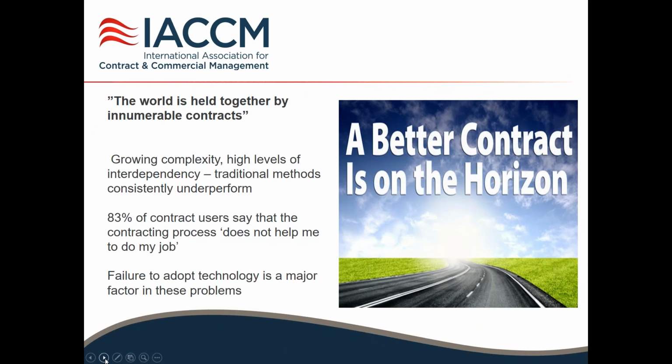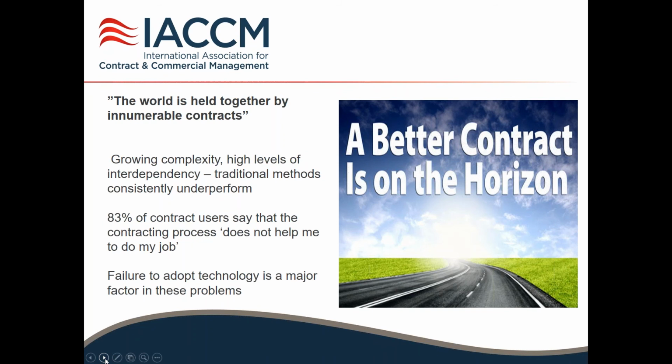Well, I mentioned in the introduction that the importance of contract management as a business discipline, as an organizational discipline, is more and more being recognized. Perhaps there was no greater recognition of that than last month's award of the Nobel Prize for Economics to two professors, Professor Holmstrom and Professor Hart, for their respective work on contracts.